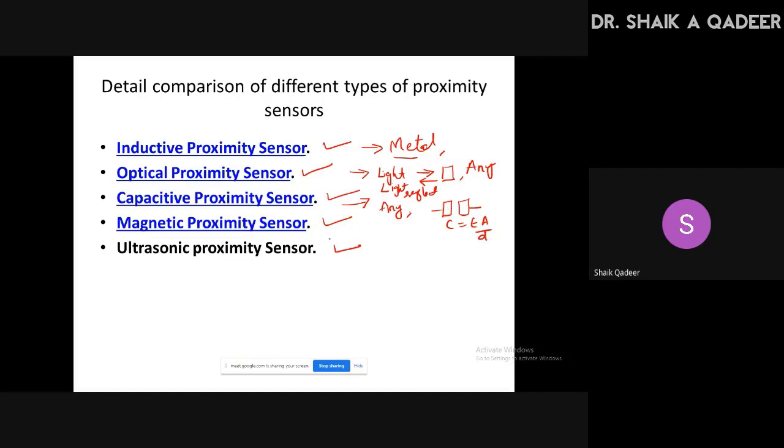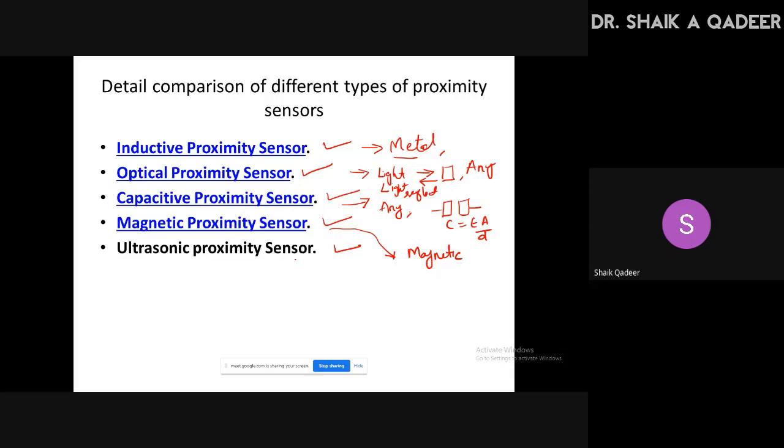In case of the magnetic sensor, only a magnet is the object. One such example we have already seen as the Hall effect sensor.